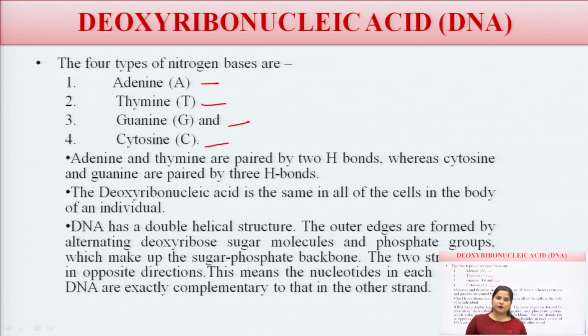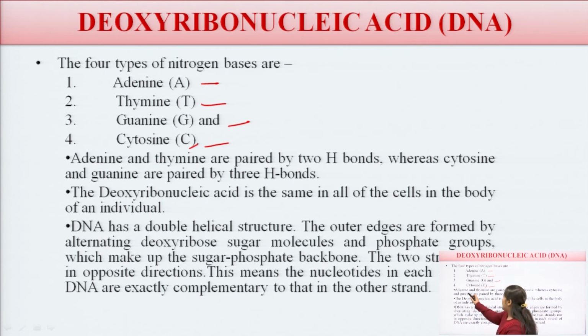But if we talk about RNA, thymine is replaced with uracil. That is the structure of RNA, but here we discuss only DNA. In DNA, adenine and thymine are paired by two hydrogen bonds, whereas cytosine and guanine are paired by three hydrogen bonds.